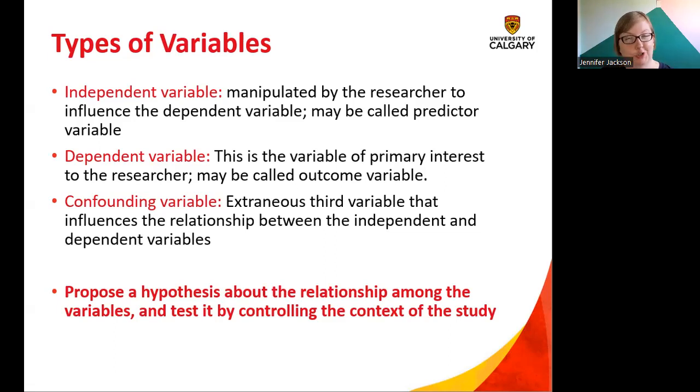That element of controlling the context is critically important in quantitative research, because that is what separates a lot of quantitative research from qualitative research or other types of approaches. So if we truly want to understand what is happening between our independent and dependent variable, we need to try and create conditions so that we can actually detect the impact that is having.